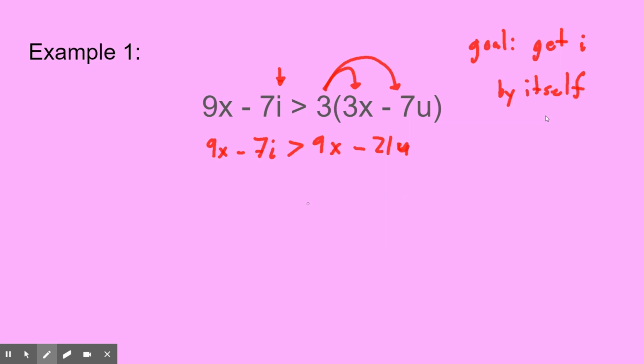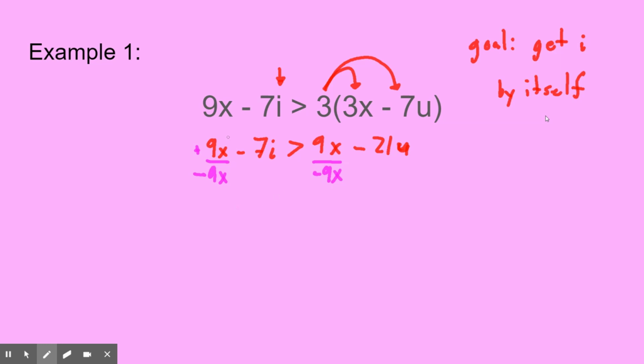So the next step, we notice that we have this 9x on both sides of the inequality. So why not get rid of it? To do that, if we think of this as a plus 9x, we can use our properties of equality and our inverse relationships to subtract 9x from both sides.